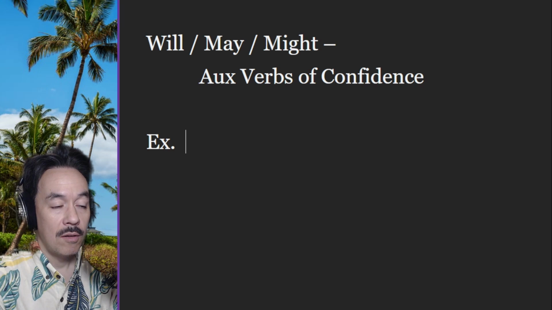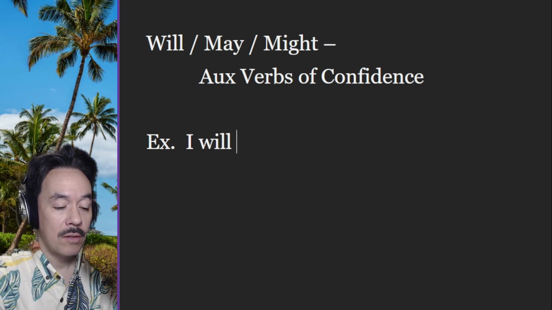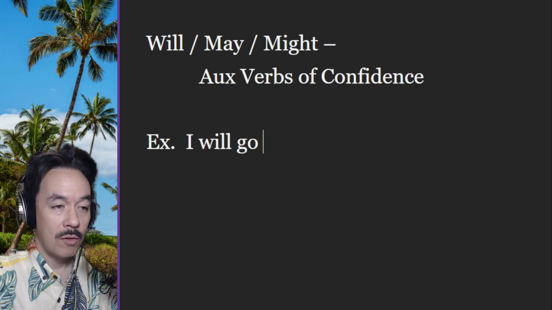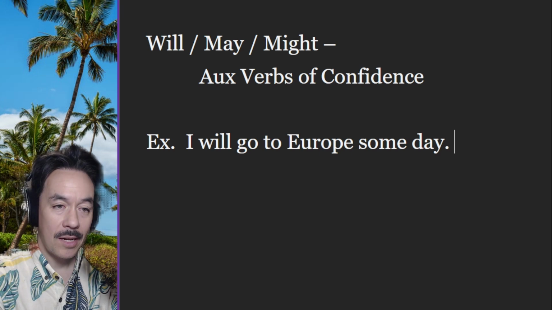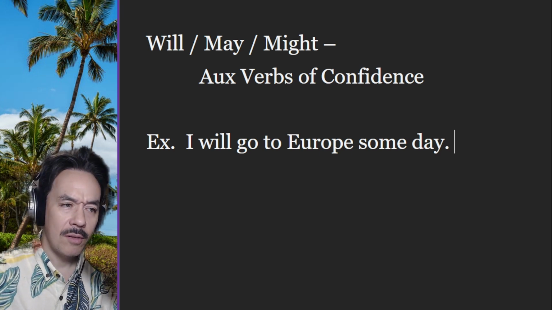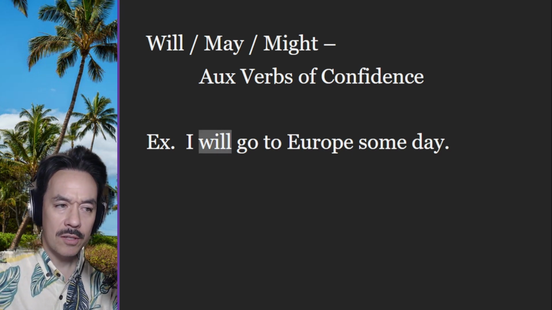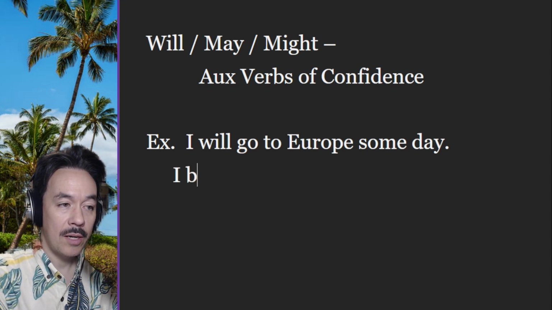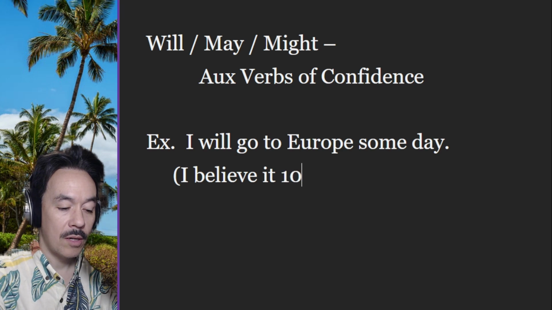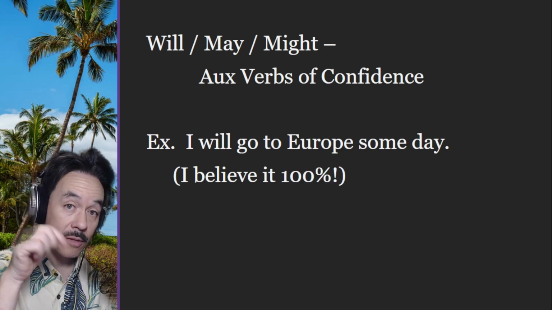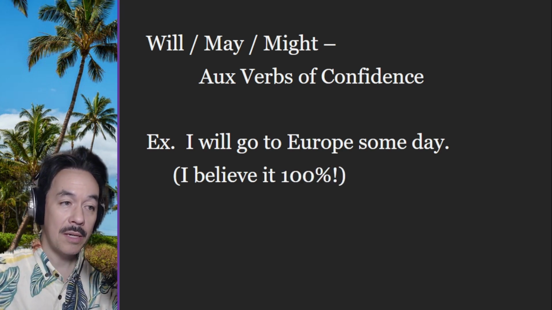So, I will go to Europe someday. Now, usually a textbook says this is the future tense, but another way to think about it is that you're communicating, I believe it 100% at this moment as I'm speaking it.